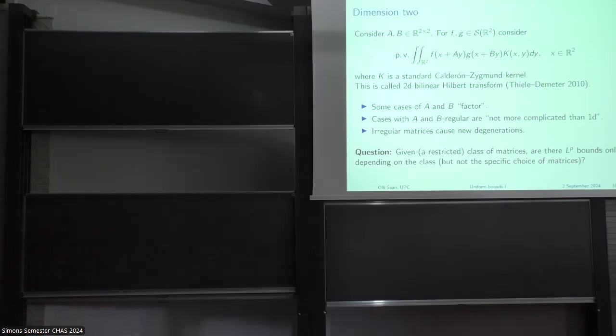But okay, now when we have this setting in the plane, we would like to start studying uniform bounds there. So we would like to fix a class of matrices A and B, and we would like to prove bounds which do not depend on these matrices, just on the class we choose.